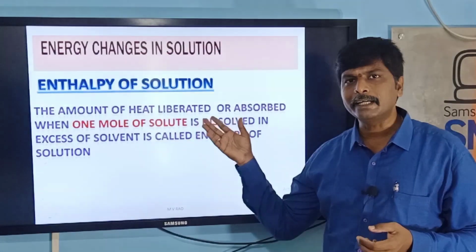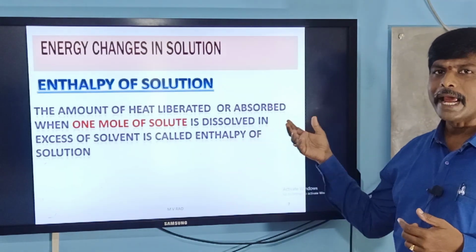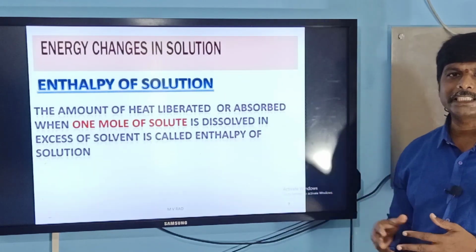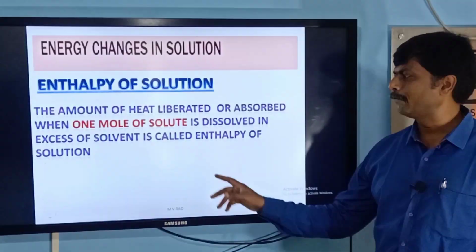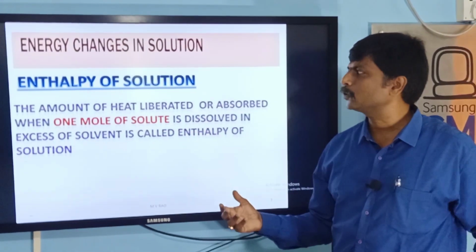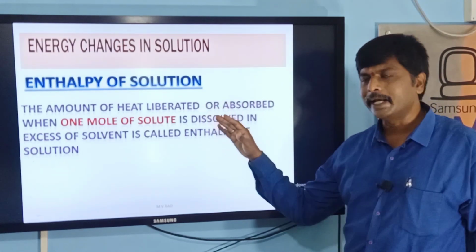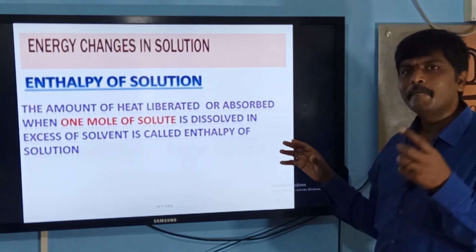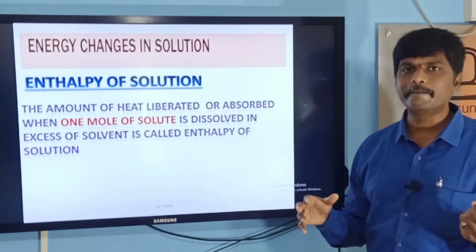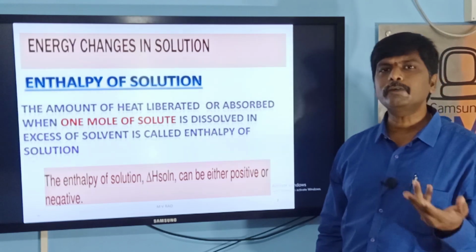The amount of heat energy liberated or absorbed when 1 mole of solute is dissolved in excess of solvent is called enthalpy of solution. It may be positive or negative.